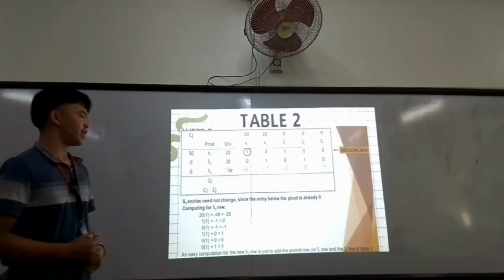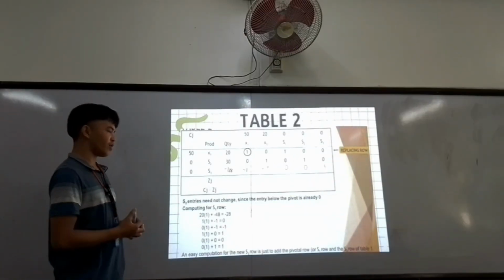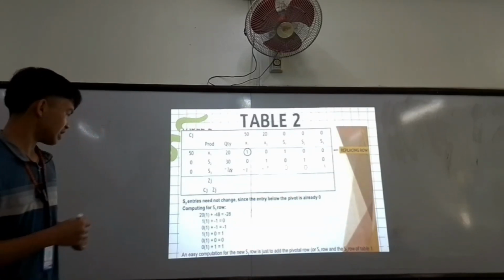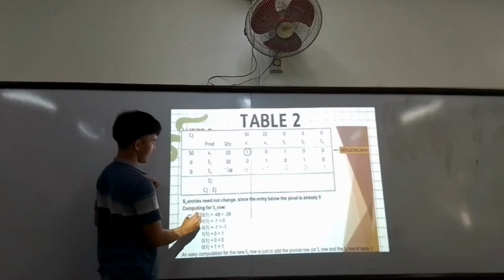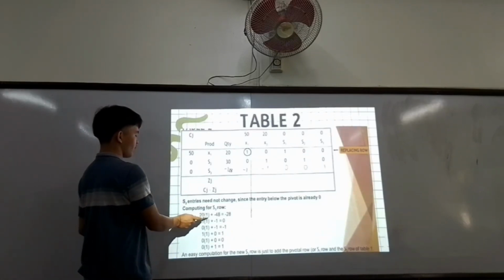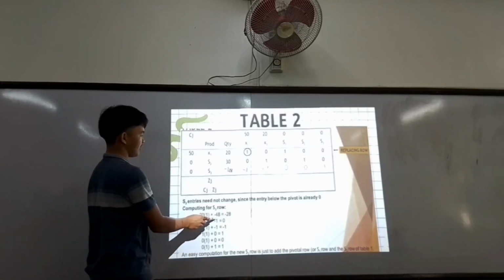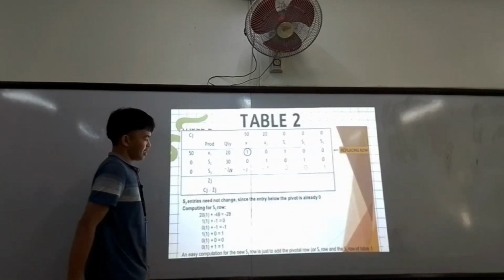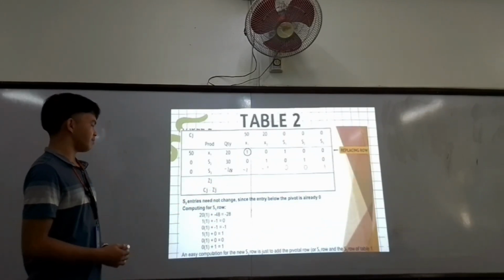So for table 2, we have to compute the S sub 1 row and S sub 3 row of table 1. So we have here the X sub 1 of 20 multiplied by 1 plus negative 48. Since our S sub 3 here is 48, the result is negative 28.